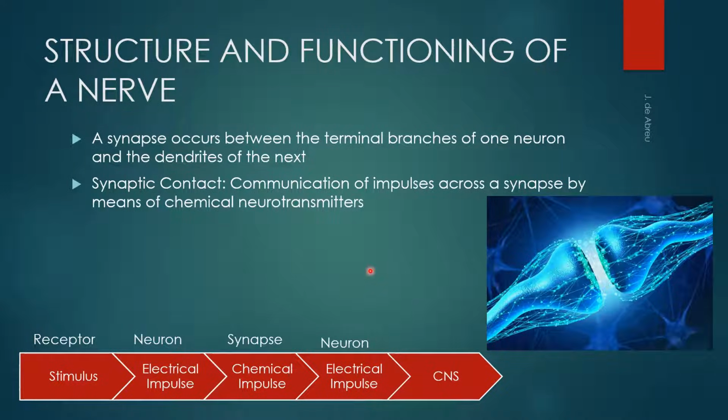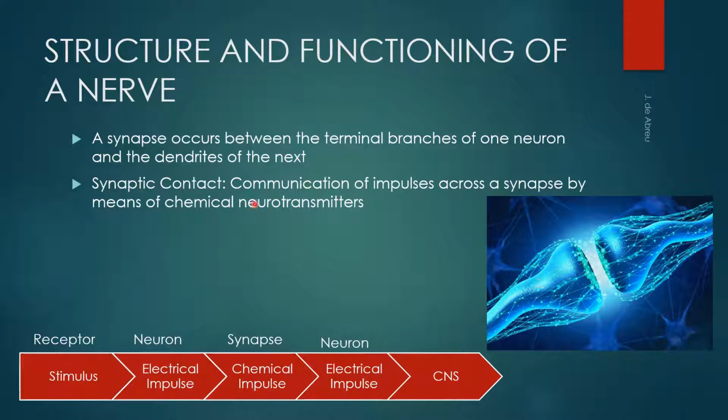Okay, then you need to know what a synapse is. And a synapse occurs between the terminal branches of one neuron and the dendrites of the next. So here you can see this part here is the synapse. So here, we'll call these the terminal branches of the one neuron, and these are the dendrites of another neuron. And just between them, there's this really tiny microscopic gap called a synapse.